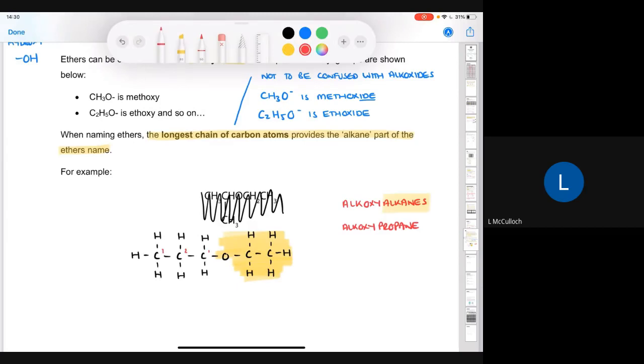So if we are trying to determine the name of this branch, we're just looking at how many carbon atoms there are. So there's 2 carbon atoms, so that's going to be eth, and then the oxygen atom makes it ethoxy. So this would actually be called ethoxypropane for the name there.